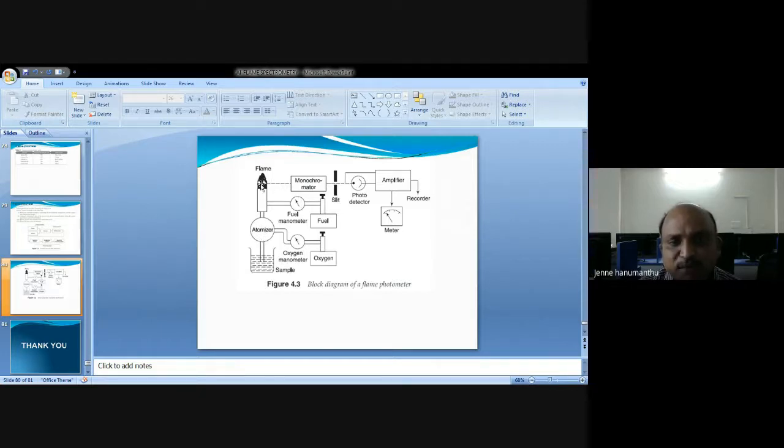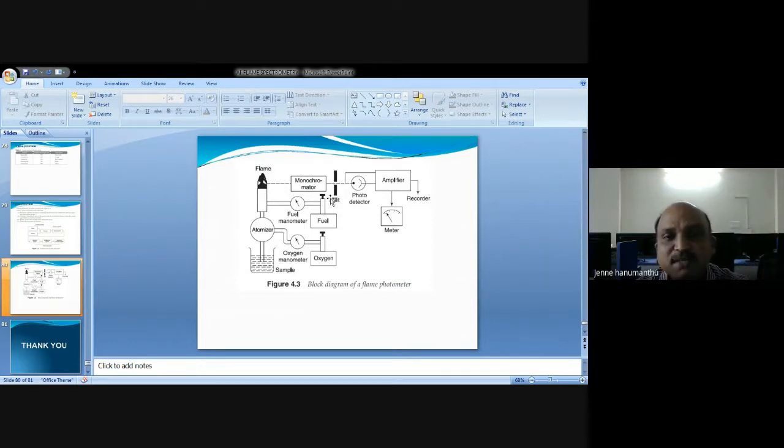In place of the flame you can place any arc or burner, no problem. The flame excites the vaporized solution, so the molecules go from lower to higher energy states, and then return back by releasing photons. Those photons are collected by the monochromator.